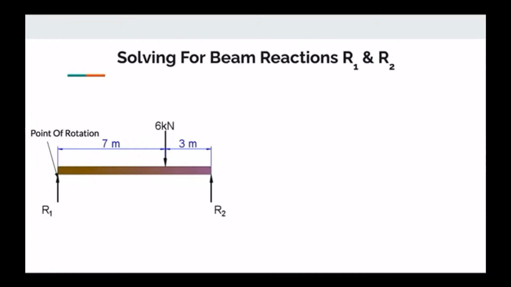This is the beam, and we are going to work out the forces. The first rule that will be used is this: the sum of downward forces must be equal to the sum of upward forces. As I have explained before, the R1 force and the R2 force must be added and must be equal to 6 kilonewtons, because that's the sum of downward forces.